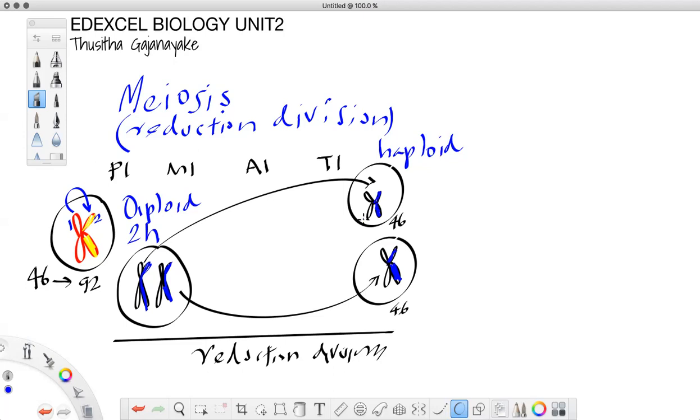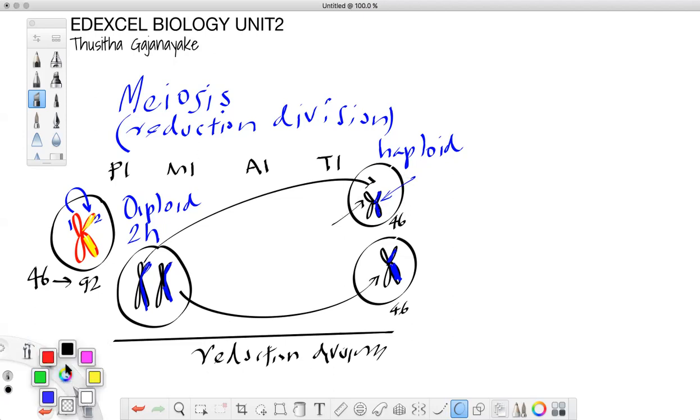That means half the genetic information goes to this cell and half to this cell. The blue one with this arrow is exactly similar to the black one, and this cell misses this chromosome, this cell misses this chromosome. Half of the information is now divided.